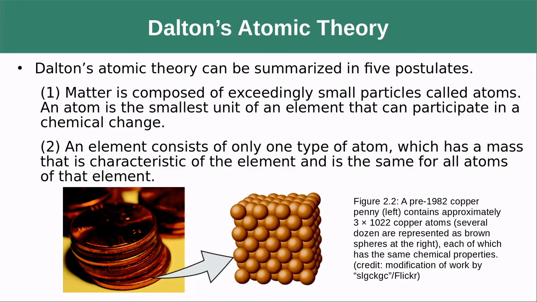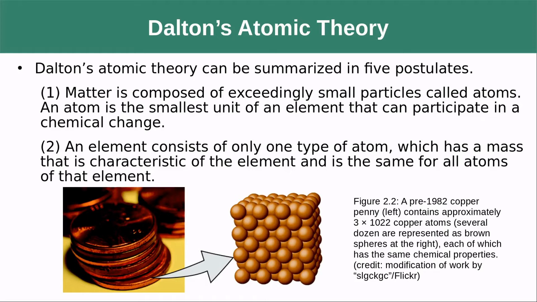Dalton's atomic theory has 5 postulates. The first is that matter is composed of exceedingly small particles called atoms. An atom is the smallest unit of an element that can participate in a chemical change. It's the smallest unit of an element that has the properties of that element.